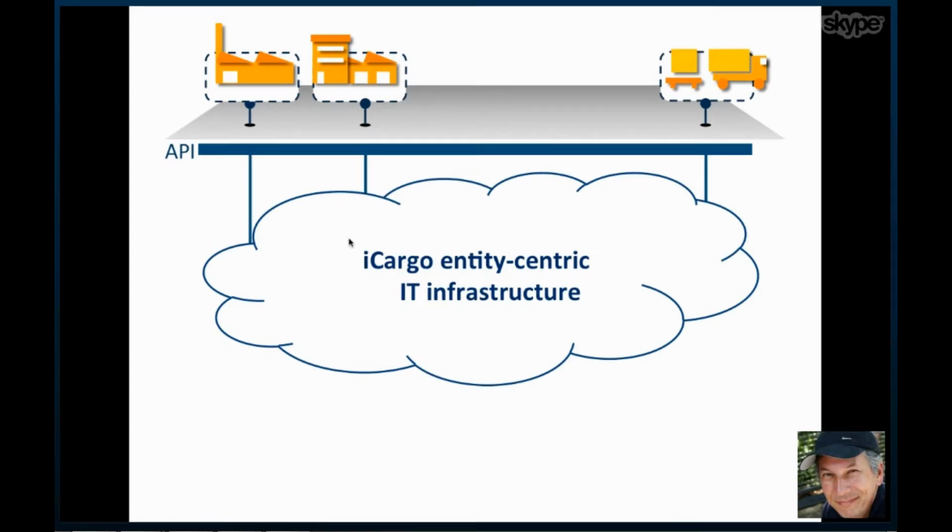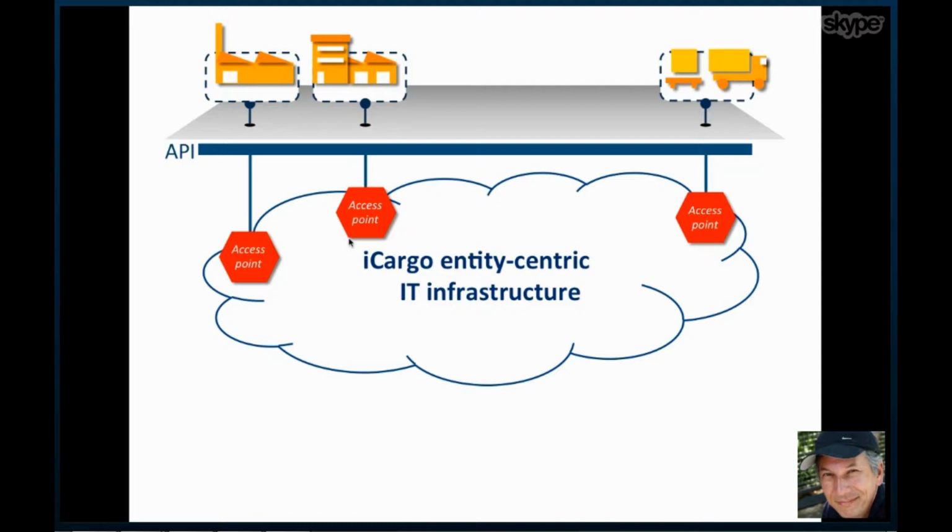So we came up with a different solution and said, well, let's try to come up with a simple technical API that allows you to use your own message standard of choice, but still be able to exchange that kind of information. So one of the things that we achieved within the iCargo project is the specification of the iCargo REST API.